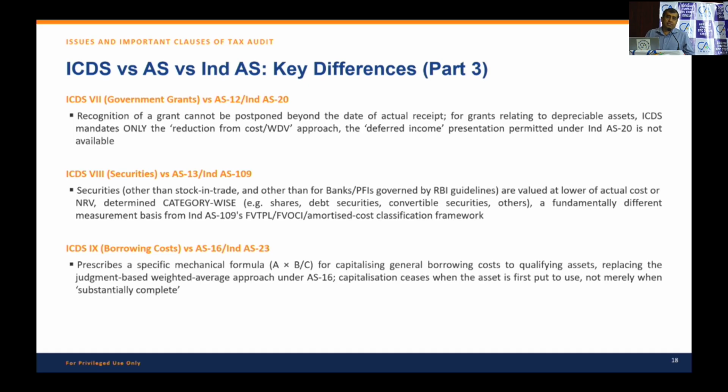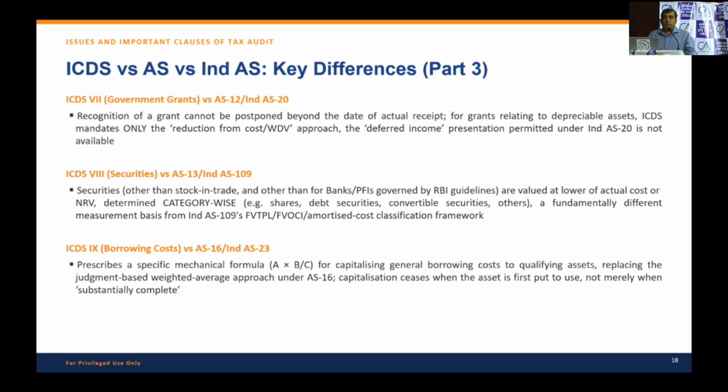Between AS and ICDS as well, ICDS typically expects mark to market at cost or NRV, whichever is lower, category wise and largely on FIFO basis, but when it comes to AS 13, you do averaging to determine profit or loss on sale of investments, because that is how it is required there. Therefore, there will always be a difference in case of sale of investments between AS 13 and ICDS 8.